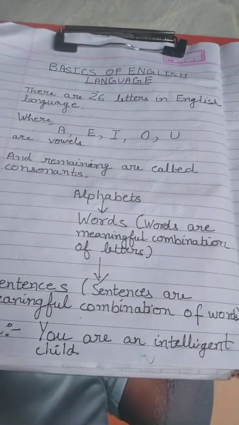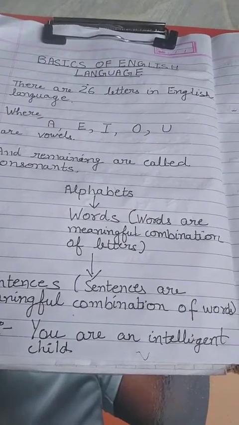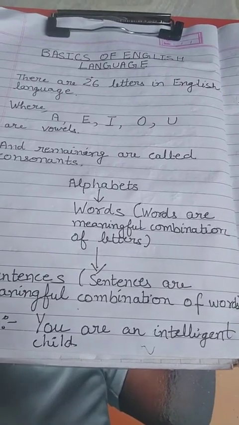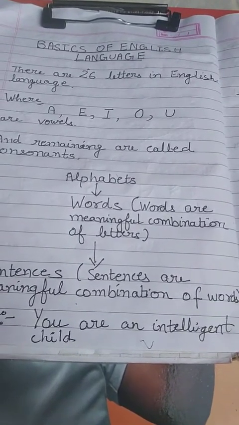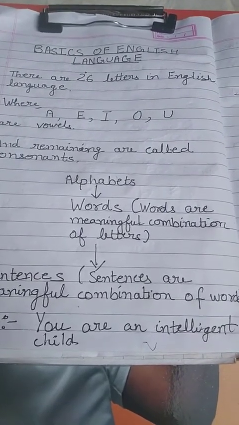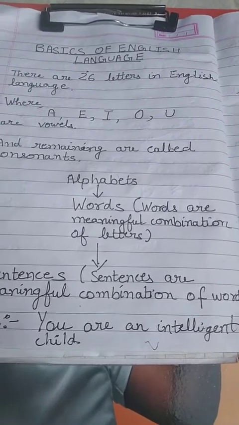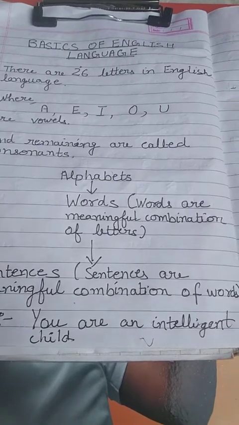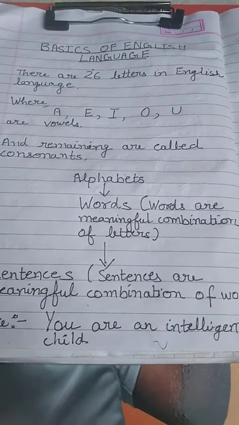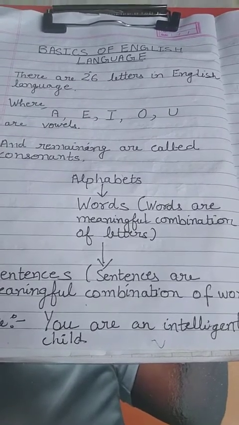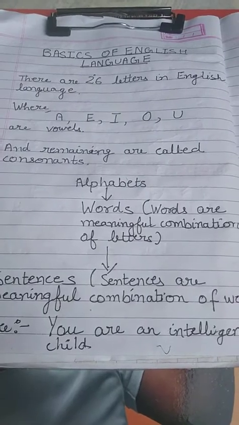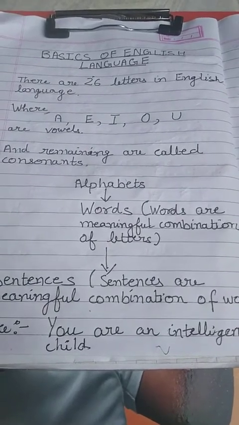Before coming to the syllabus of your class, let us have a quick recap of the very basics of the English language. As you know, there are 26 letters in the English language from A to Z, where A, E, I, O, U are 5 vowels and the remaining 21 letters are called consonants.